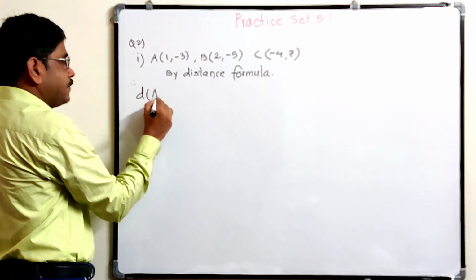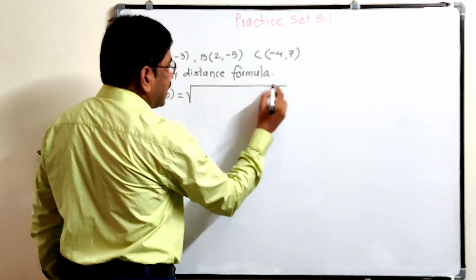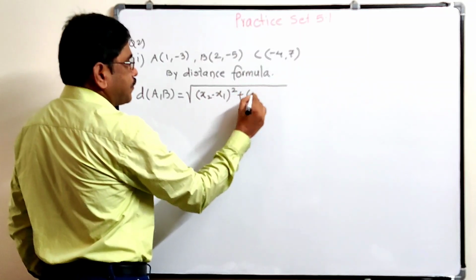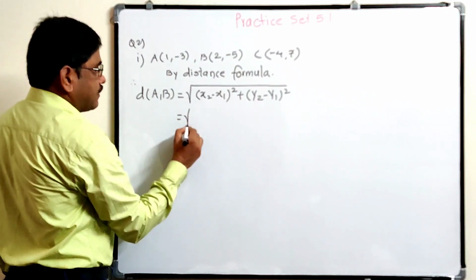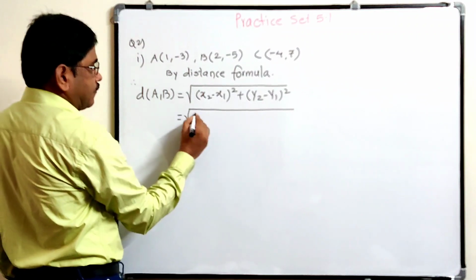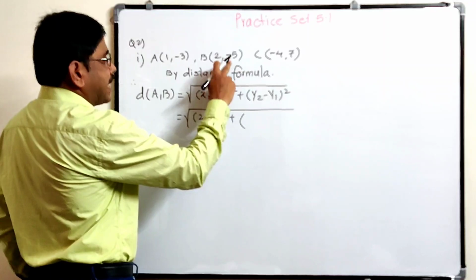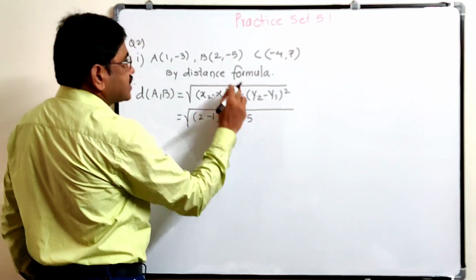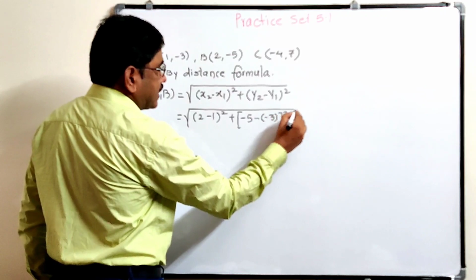Distance AB is equal to root of, write the formula, (x2 minus x1) square plus (y2 minus y1) square. So substitute the values directly from the points. (2 minus 1) square plus, here minus 5, use the square bracket, negative signs are there, (minus 5 minus 3) square.